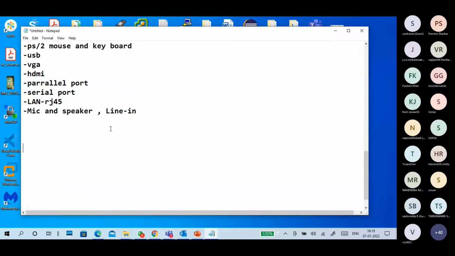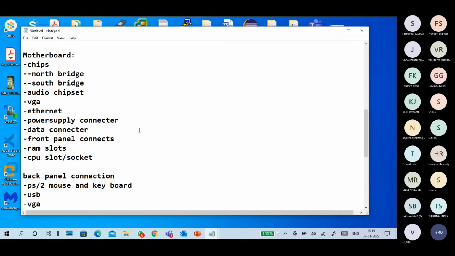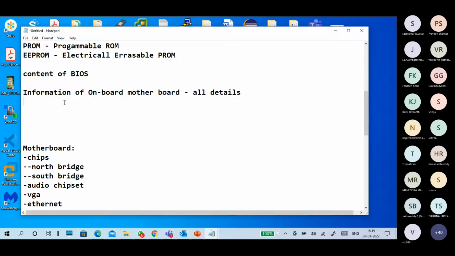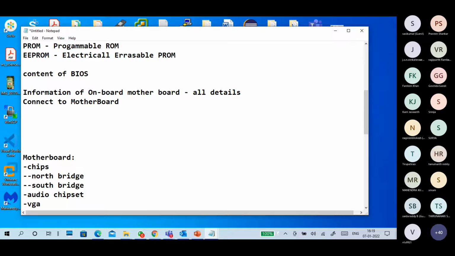Next, I have already completed the motherboard. So the motherboard, we can connect everything to it. Next, connected to motherboards. Whenever you switch on the motherboard, chipsets are there. Next, few things we are connecting to our motherboard.